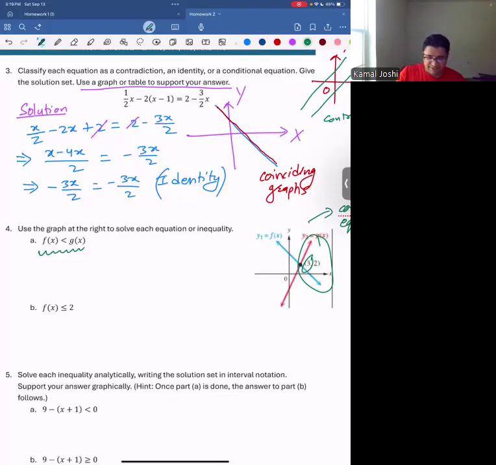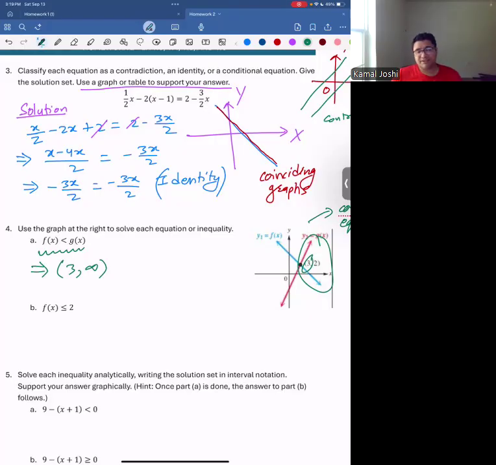And where does that begin? You are writing the value of x here in the solution. And this is going to happen on the right side, right? For the point 3 comma 2. So basically from 3 till infinity. Okay? That is comparing f and g.